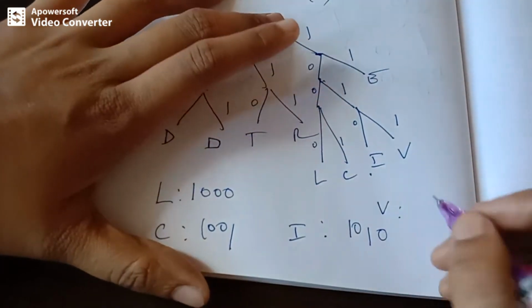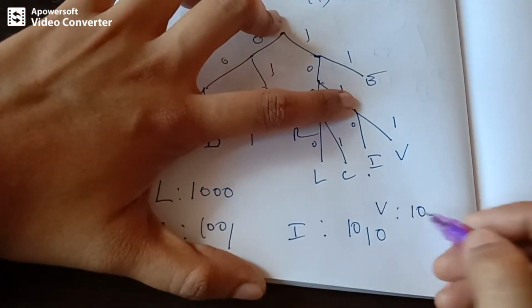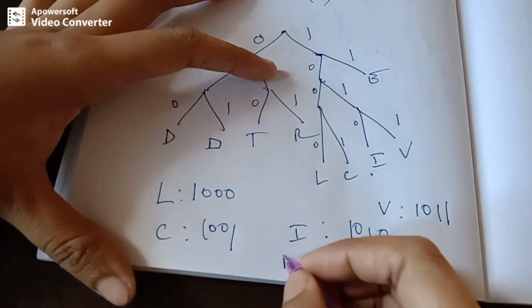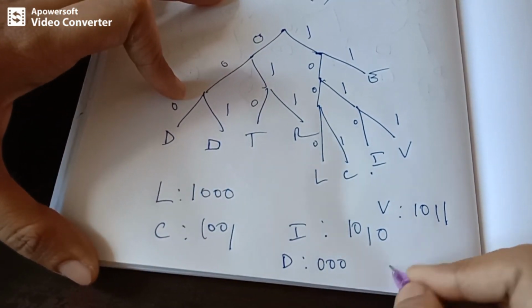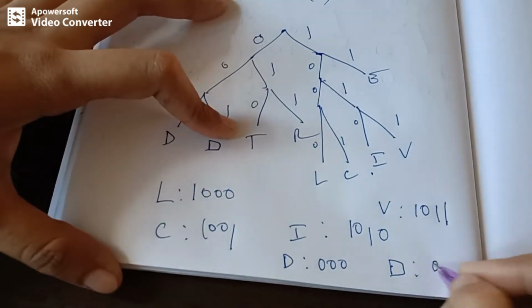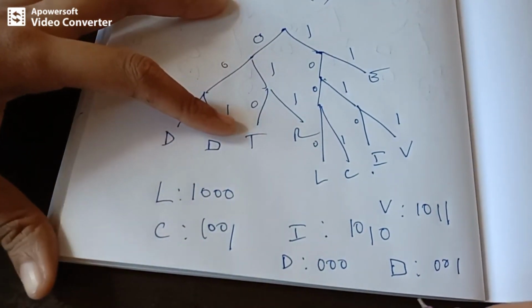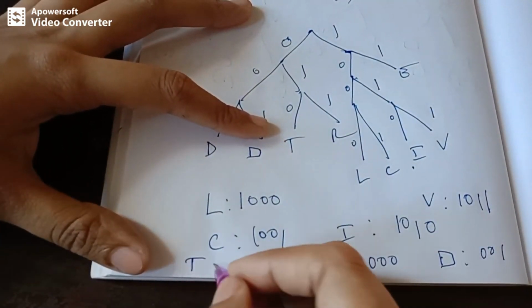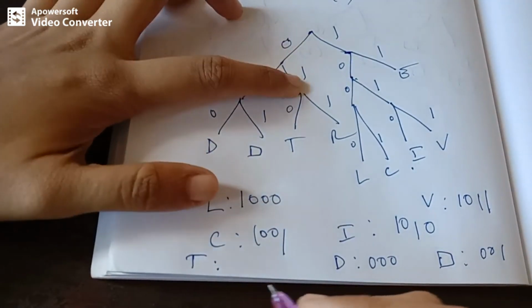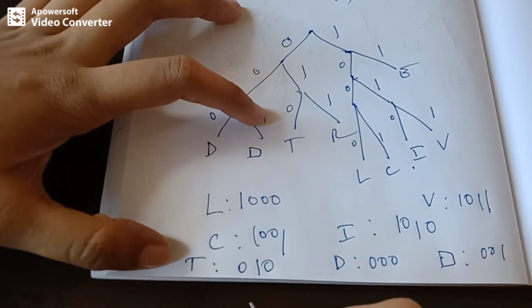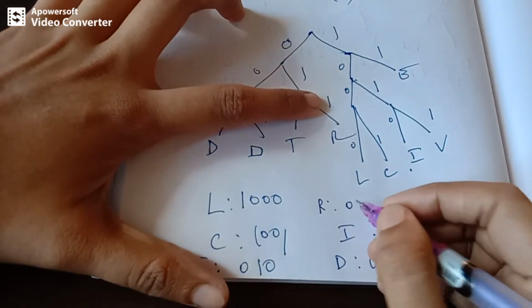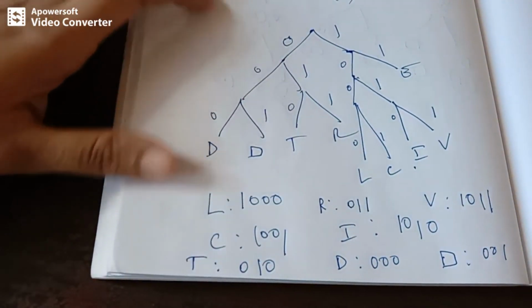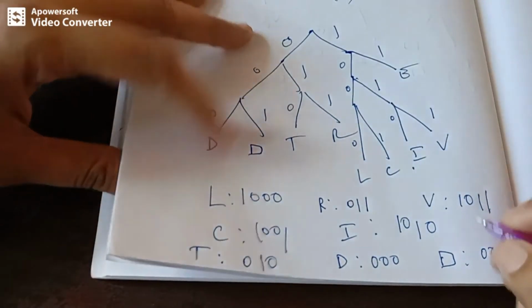Prefix code for V is 1011. Prefix code for D is 000. Prefix code for space is 001. Prefix code for T is 010. Prefix code for R is 011. Next, prefix code for E is 11.